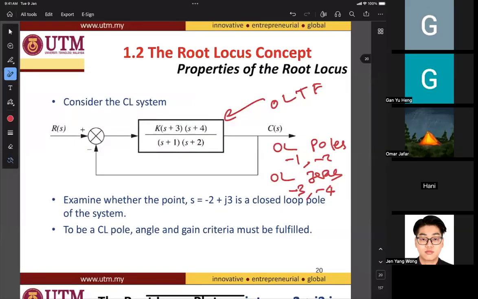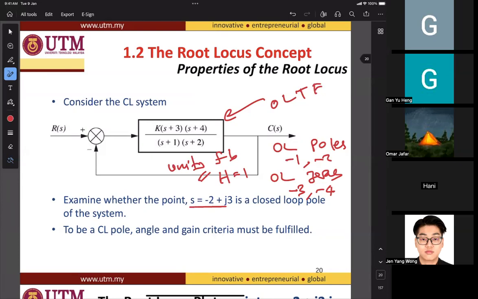And this is the unity feedback, H is equal to 1. You are given this point, -2 plus j3.